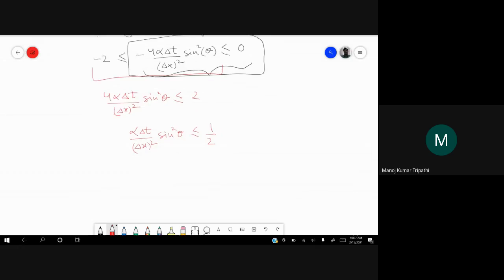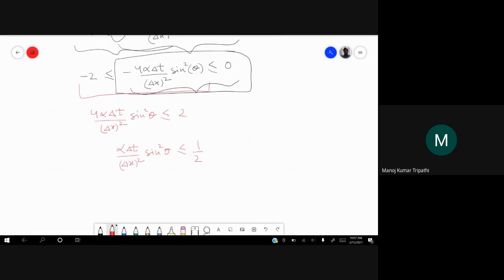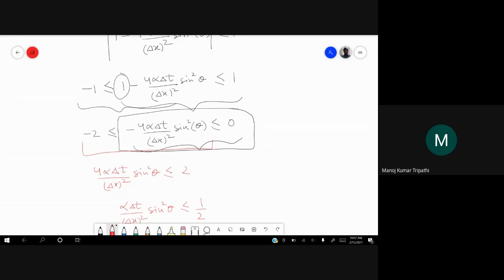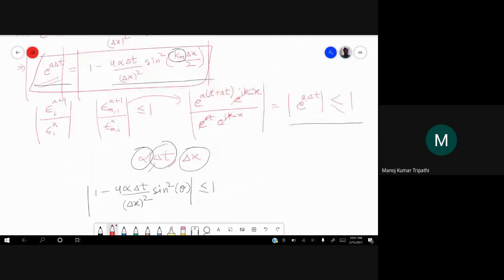Now, if you note what our theta is, theta was km delta x by 2, and km depends on the different Fourier modes m1, m2, m3.